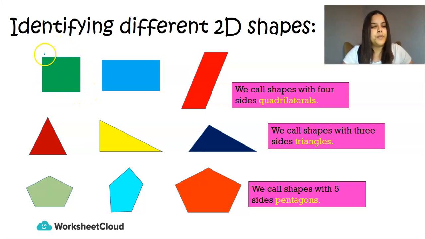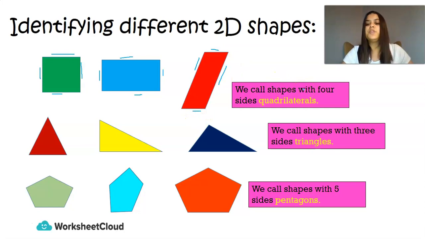Let's count them. 4 straight sides. Let's count them. It's 1, 2, 3, 4. Okay? 1, 2, 3, 4. And the last one, 1, 2, 3, 4.